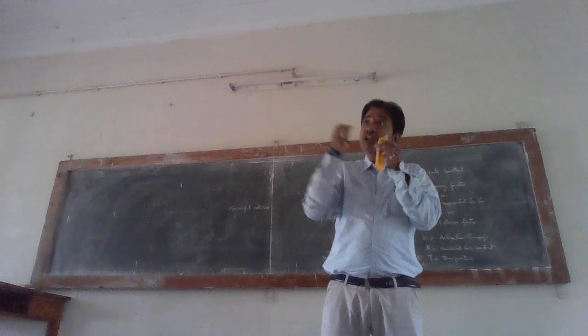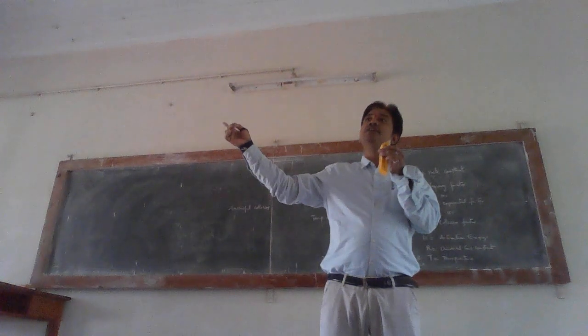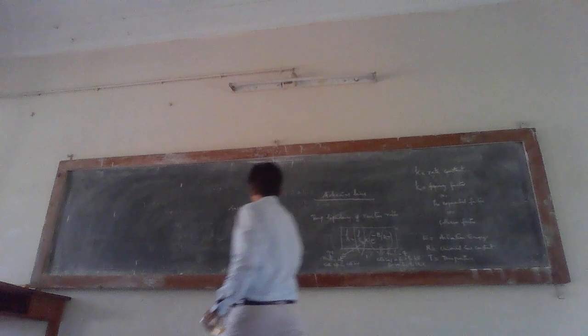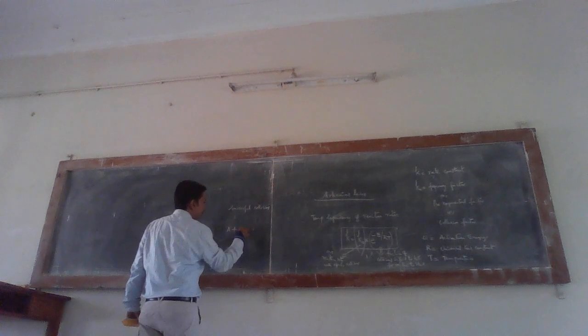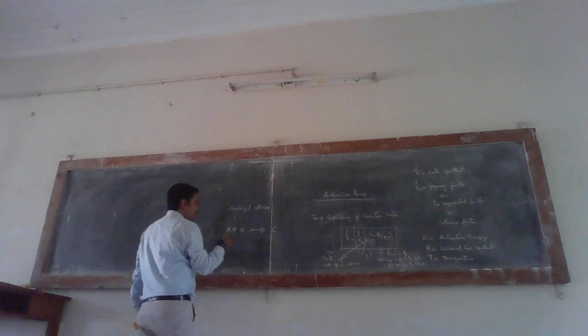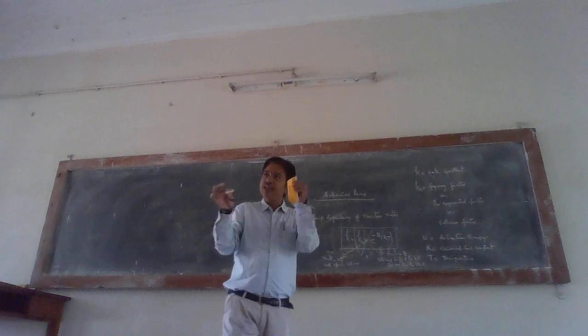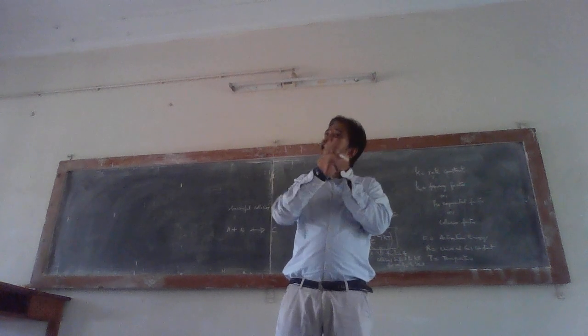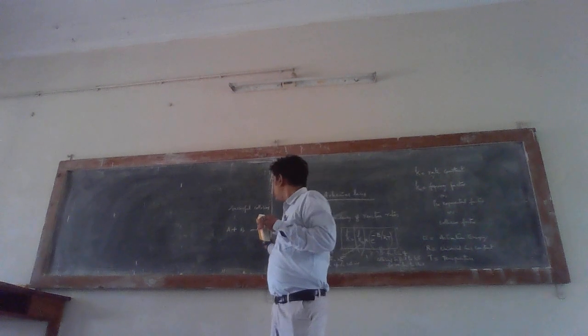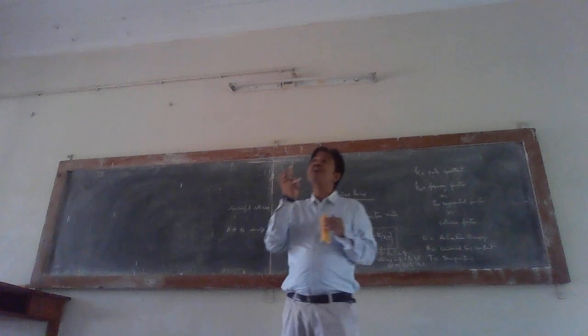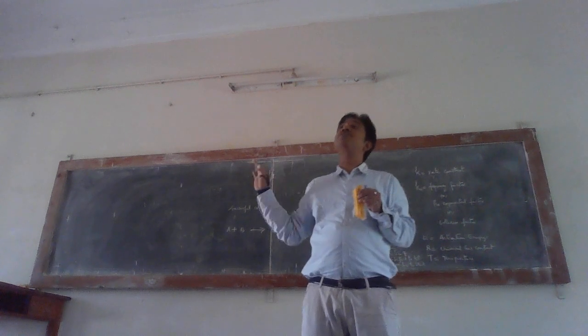For example, if I take A and B to get a product C, every time A will collide with B, but not all collisions will lead to product C. Only effective collisions will lead to product formation C.